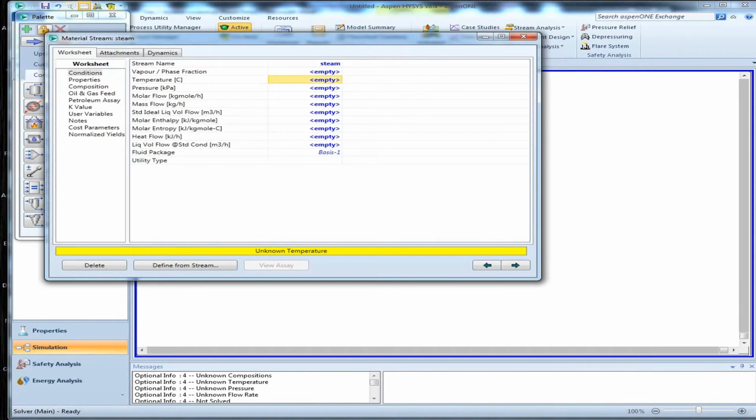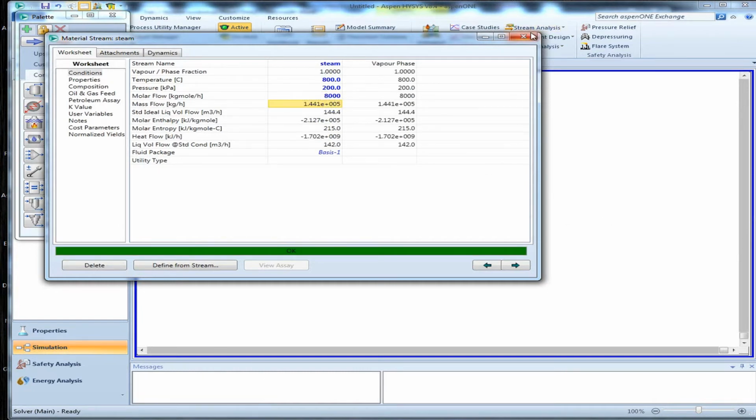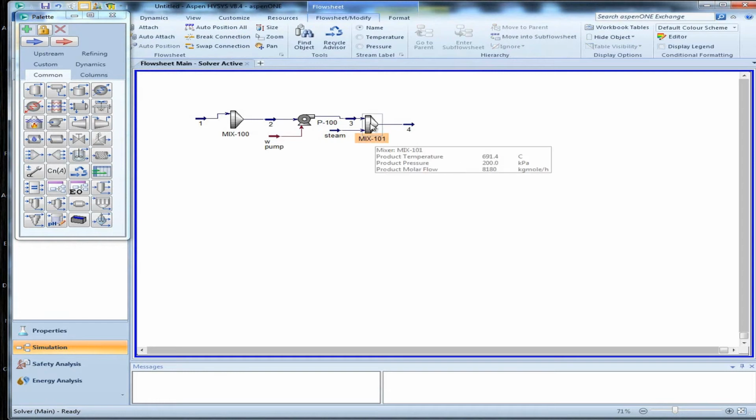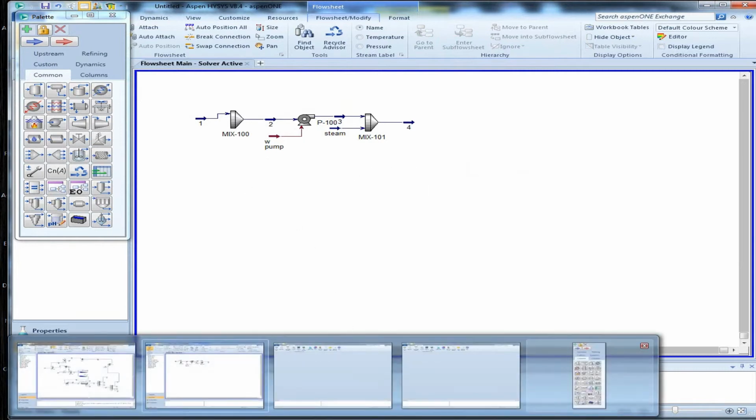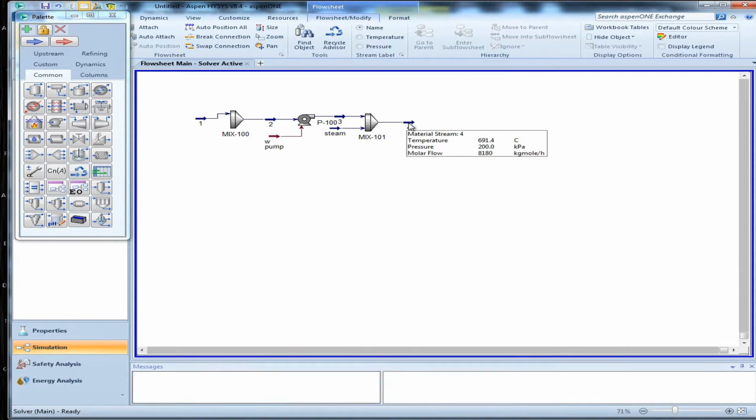So we have 800, 200, 8,000. Now temperature comes down to 691 degrees Celsius after the mixer, but the pressure is still the same.